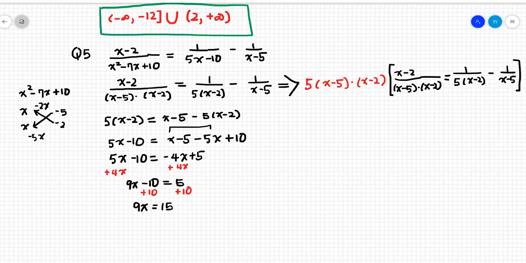So now we're going to divide both sides by 9. Okay? And then x becomes what? 5 over 3. Okay? Because you're going to divide both top and bottom by 3. So the answer should be x = 5/3.